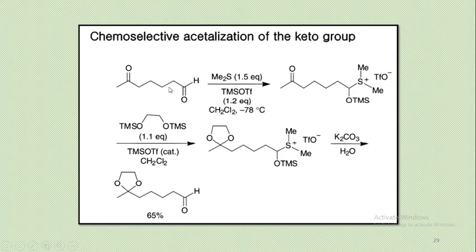Here are two functional groups, one is aldehyde and another one is ketone, and as we know the aldehyde is more reactive than the ketone. Therefore if we react this molecule for acetalization, then the aldehyde group is easily acetalized with any group that can be used for acetalization, but we want the product in which the keto group is acetalized.